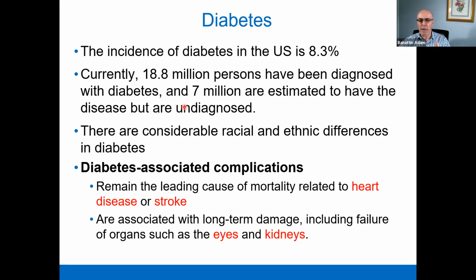Undiagnosed diabetes results in complications, damage of kidneys, neurons, or eyes, which means that we will be too late to manage such a disease because it is undiagnosed.